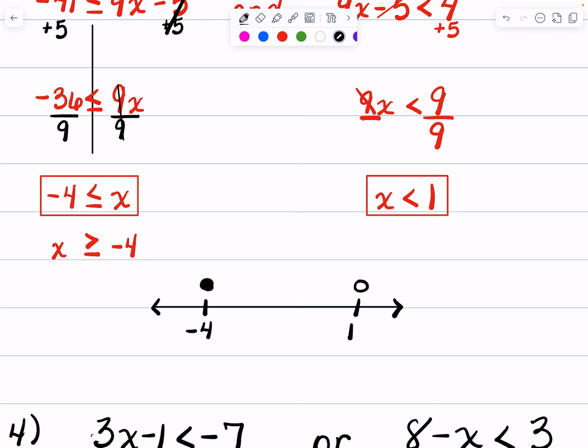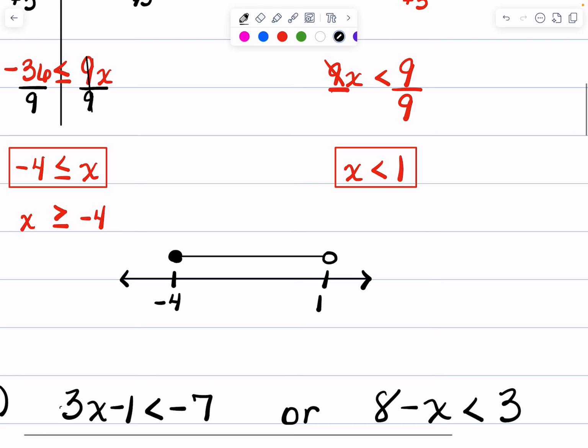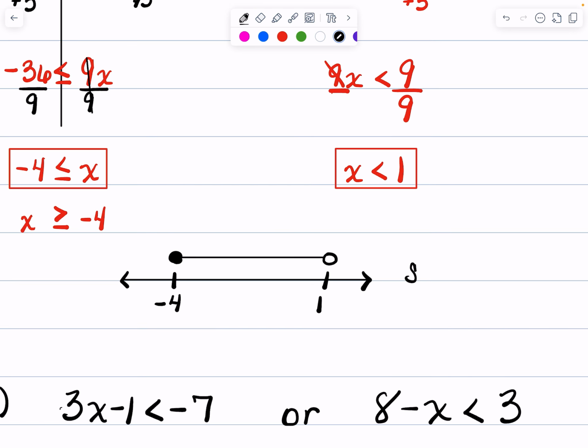Now, any value that is between negative 4 and 1 would fall right in this area. So just to give you an idea of what solutions could be, a solution could be a lot of different numbers, but let me just pick the integers here. So a solution could be negative 4, negative 3, negative 2, negative 1, 0, but a solution could not be 1 because that is at an open circle.